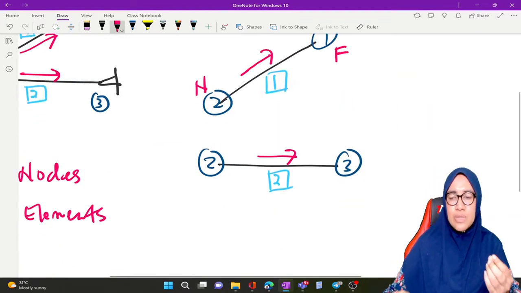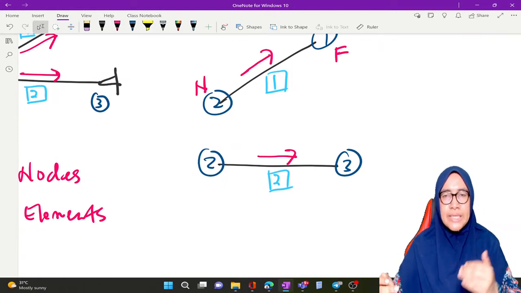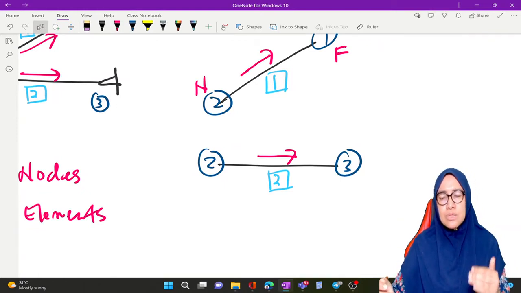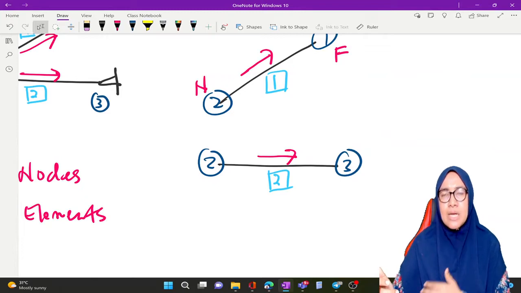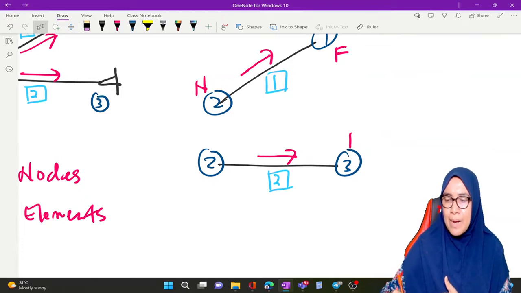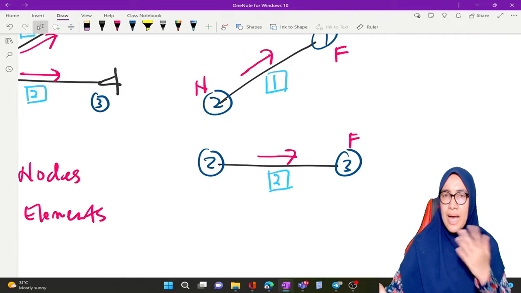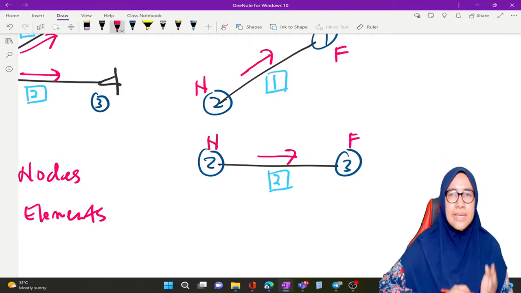Let's do the same for element number 2. Since the arrow is going towards node number 3, node number 3 will become the far end. So the other one will be the near end.